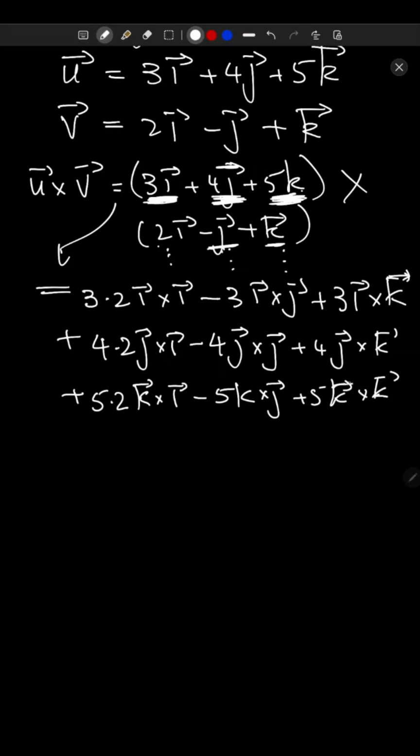All right. So it looks terrible, but the first thing we remember is that if you cross two vectors that are parallel, you get 0. So in reality, we didn't even have to bother with this term, or that term. Okay. Now here's the point. What you can see is i cross j right there, i cross k right there, j cross i, j cross k, k cross i, k cross j.